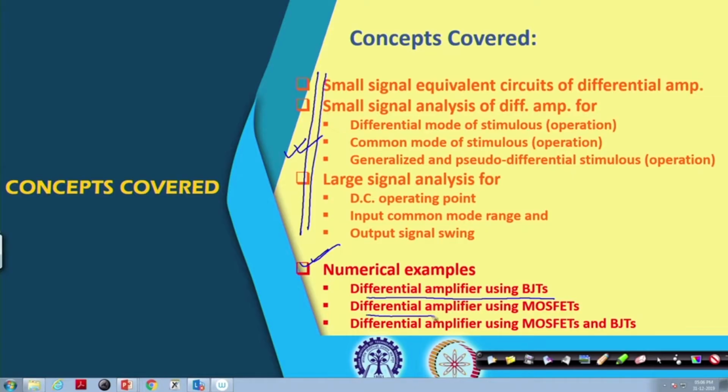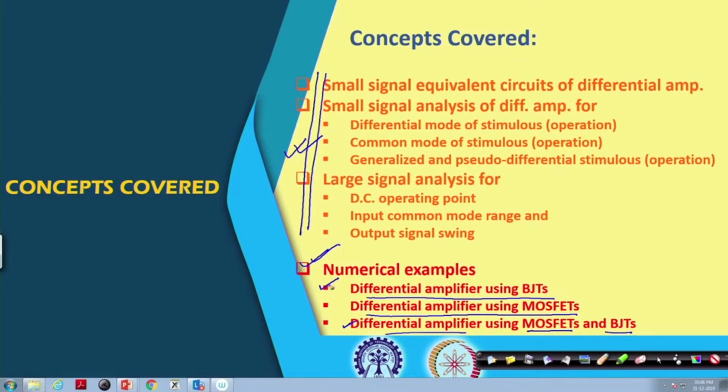Then we have a differential amplifier using MOSFET, and another example where we have both types of transistor, MOSFET as well as BJT.